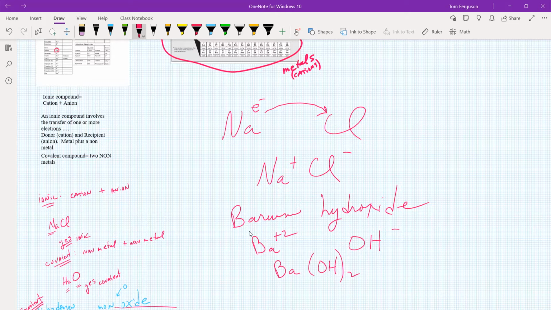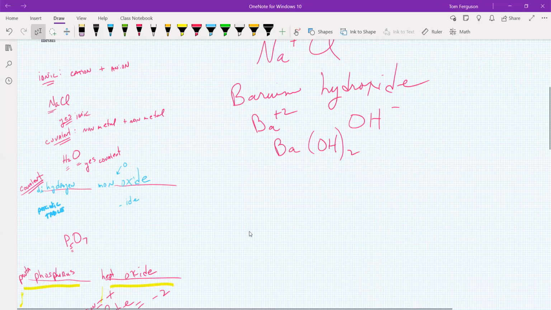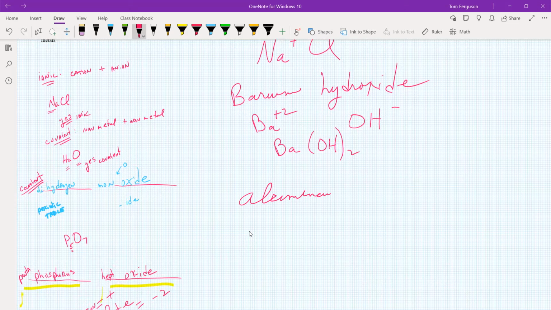Now the tricky part comes sometimes when you're working with something like aluminum sulfate. Okay, this is ionic because aluminum's a metal, sulfate's an anion. So the charge on aluminum is +3. Sulfate is -2. Okay, so that is not charge neutral.